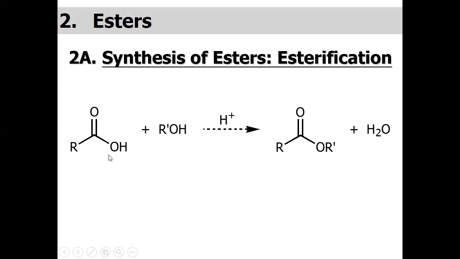The common reaction is when carboxylic acid is reacted with the alcohol in the presence of a catalytic amount of acid, we may achieve the ester and the water molecule. In this very common reaction, the first step is the protonation step to make this carbonyl carbon more reactive, right?